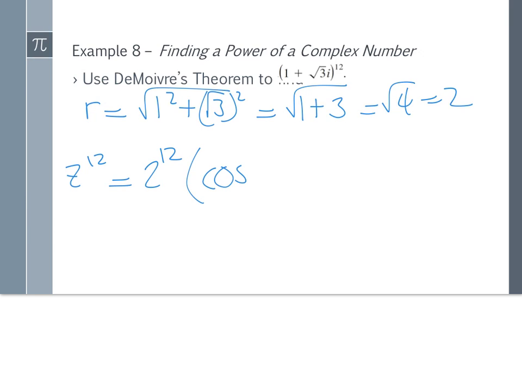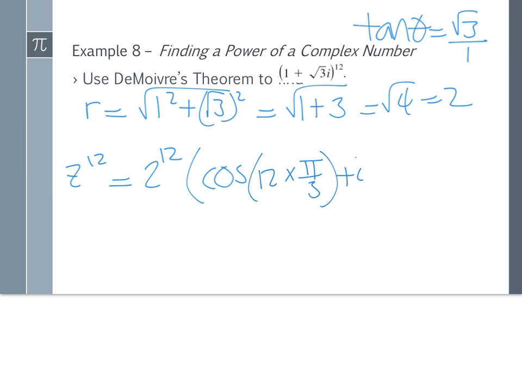Cosine of 12 times that central angle, but I'm going to need tan of theta is equal to b over a, so I end up with radical 3 over 1, and on the unit circle that's going to correspond to pi over 3, so we're going to do 12 times pi over 3, and then plus i sine 12 times pi over 3.